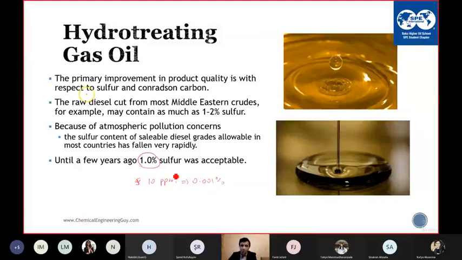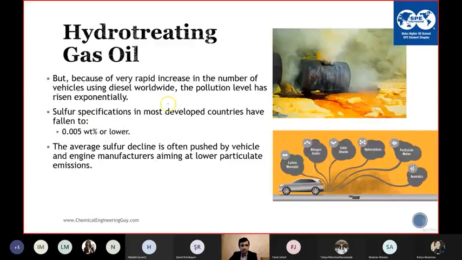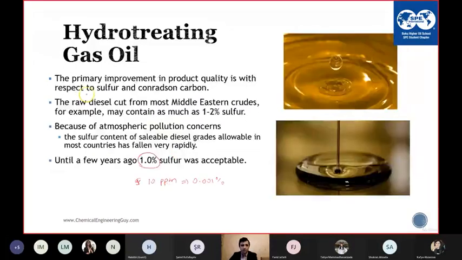Because of global warming and environmental pollution, there are always more restrictions coming on fuel impurities such as sulfur and nitrogen. So this is 0.005%, which is 50 ppm, the standard for Euro 4. But for Euro 5, it is 10 ppm.